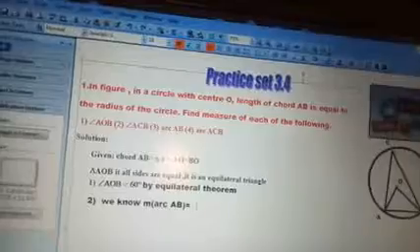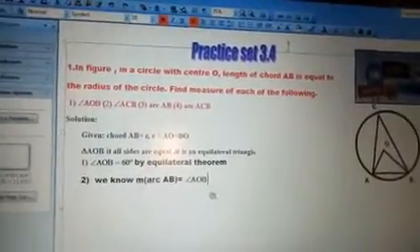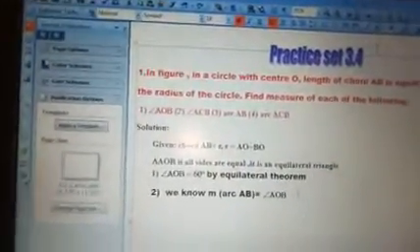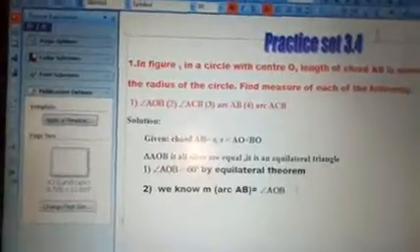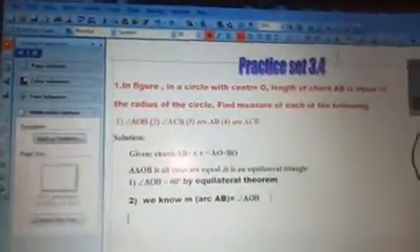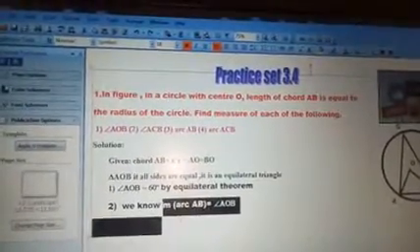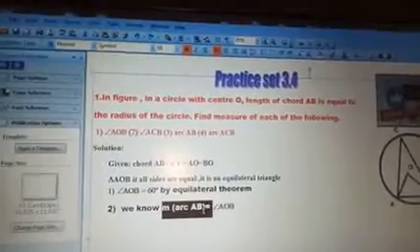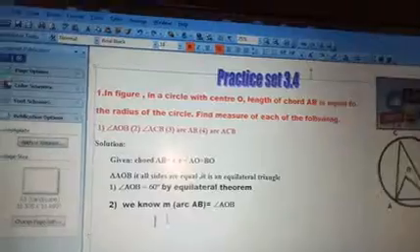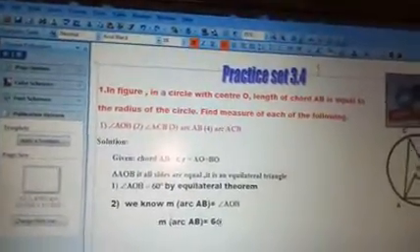We have learned this about central angle and inscribed angle. So now the measure of arc AB is equal to central angle AOB. Its meaning, the value of the measure of arc AB will become 60 degrees.